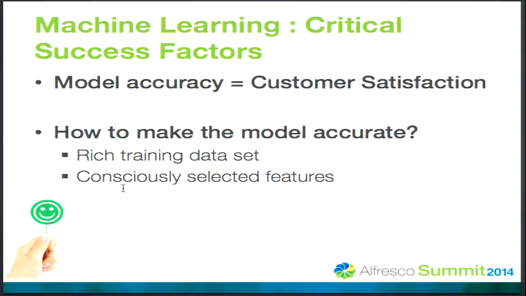To make this model accurate, we have to come up with a rich training data set and consciously selected features. The training data set is very important because if you have very few documents to train, then I think you shouldn't go with machine learning. You better use other manual processes. But if your data set is huge and you can't manage it, machine learning will be a good option.